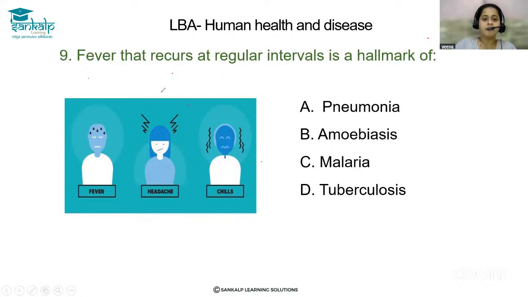So the fever comes, and again within 2 hours it disappears, again it comes and again it disappears. That is called a recurring fever, and it also causes chills. Chills will be there, and because of that, it also causes headache.